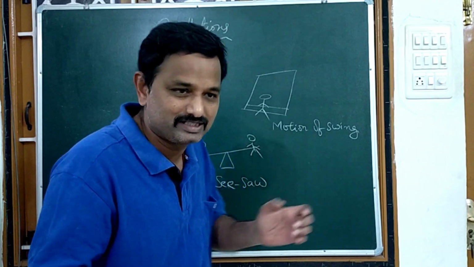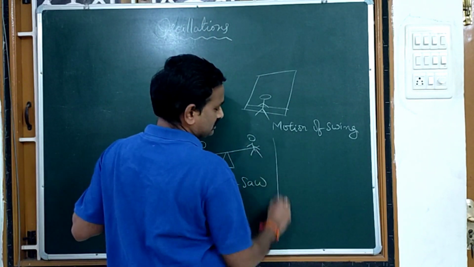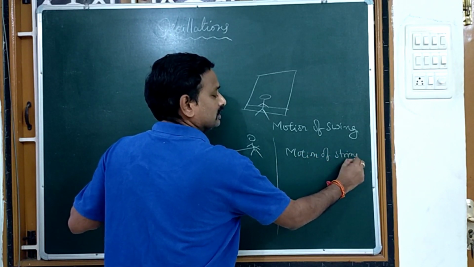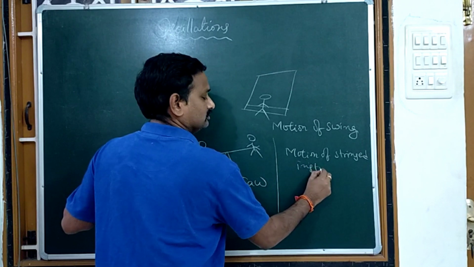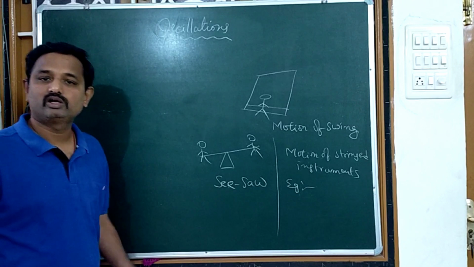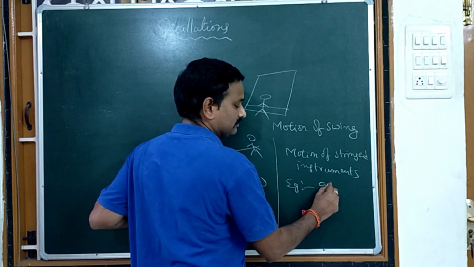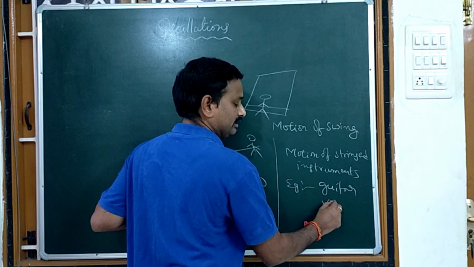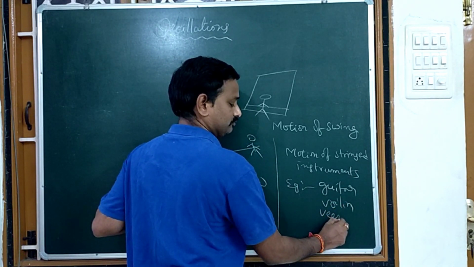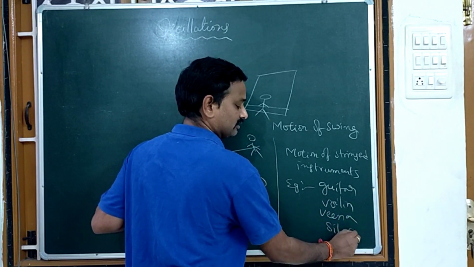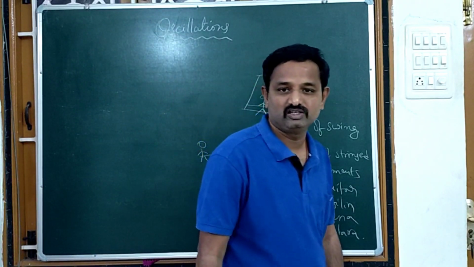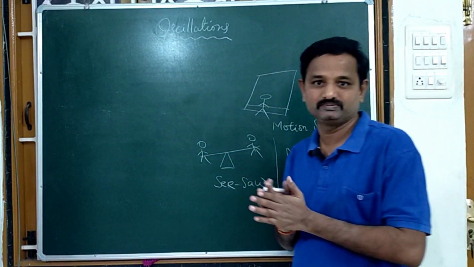Motion of stringed instruments, for example a guitar, violin, veena, like sitar, etc. These are examples of oscillatory motion.